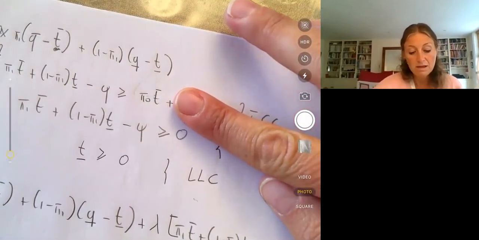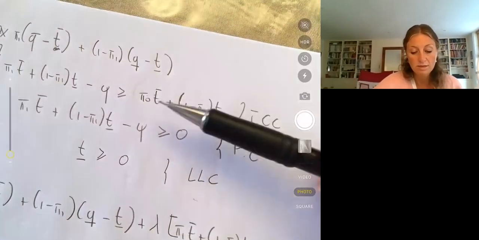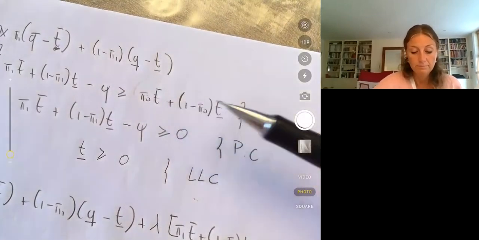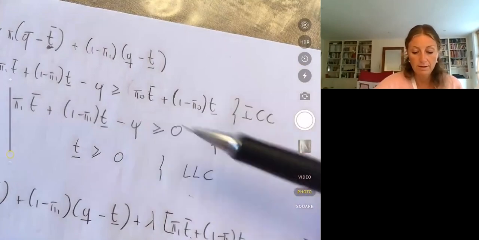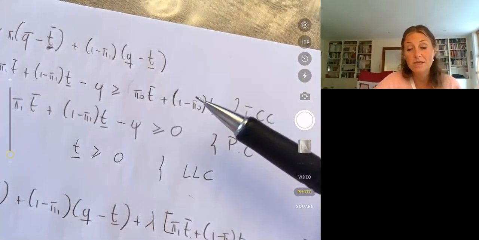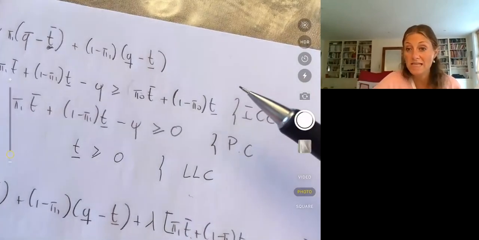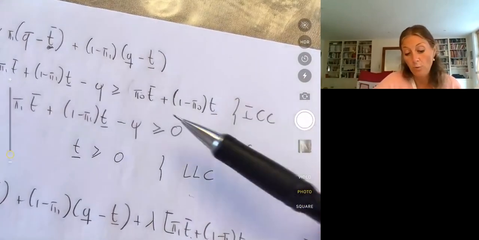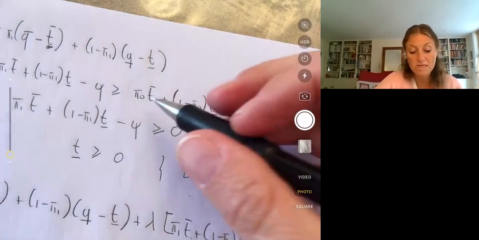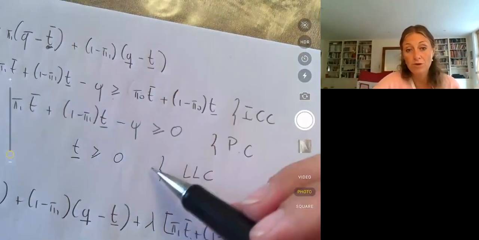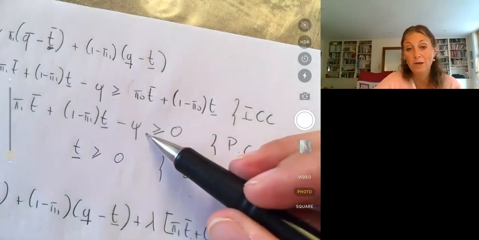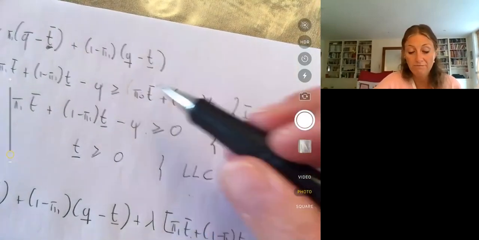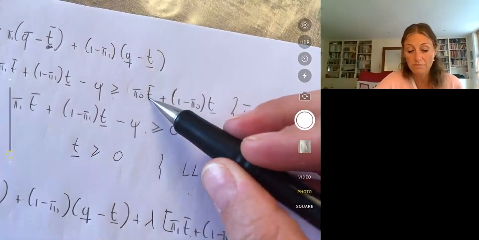And because pi naught T is positive, in order to induce incentives, we know that pi naught T times psi will actually be greater than psi only, given that this part will be positive.